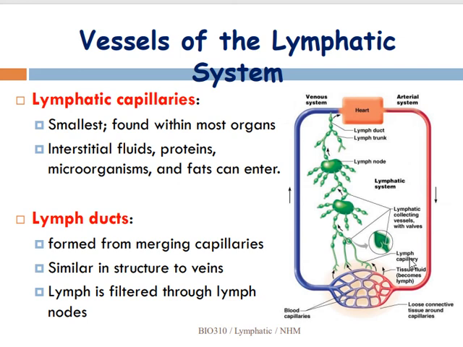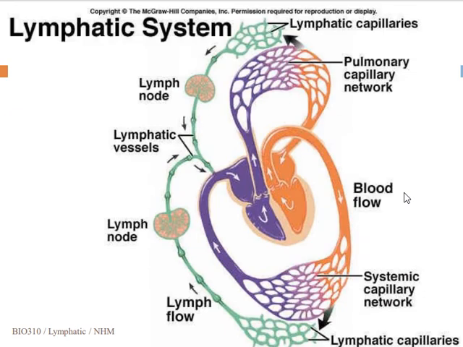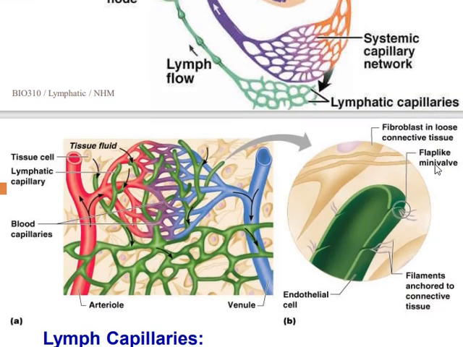And the structure of the lymph duct is similar to the structure of the vein. And of course, as I mentioned earlier, the lymph is filtered through the lymph node over here.